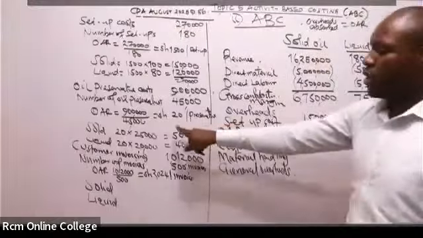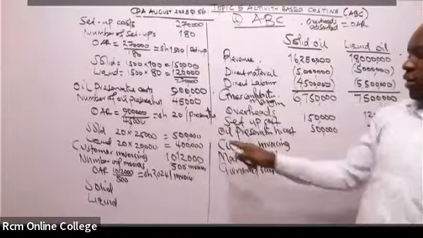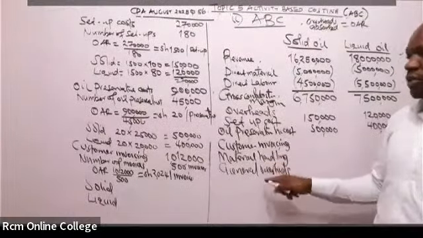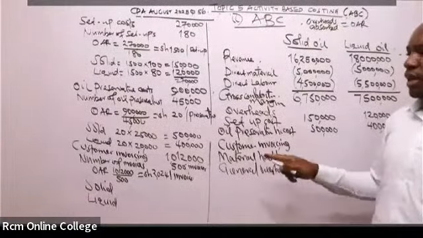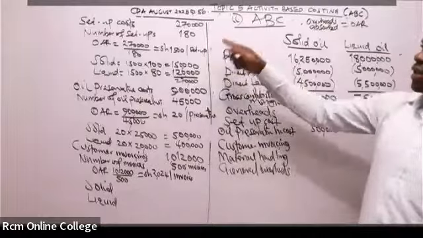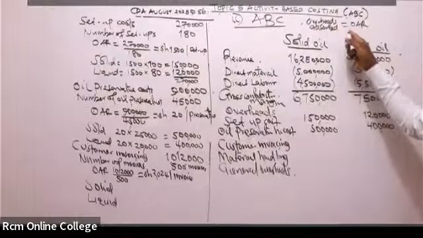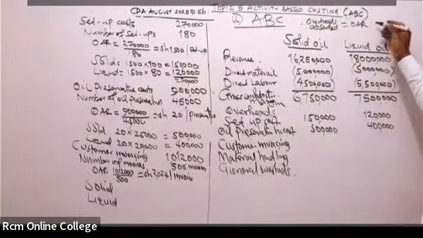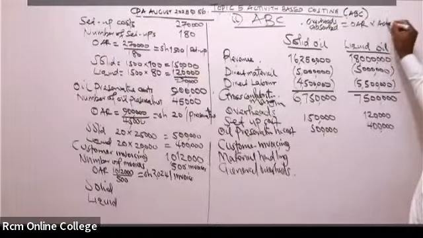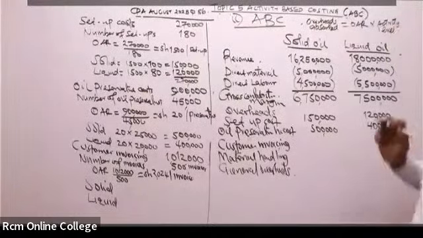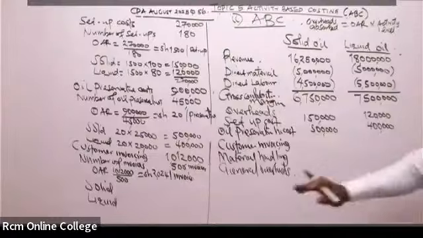We want to get overheads absorbed. And for us to get the overheads absorbed, we must calculate the overhead absorption rate, because overheads absorbed is equal to overhead absorption rate times activity level.